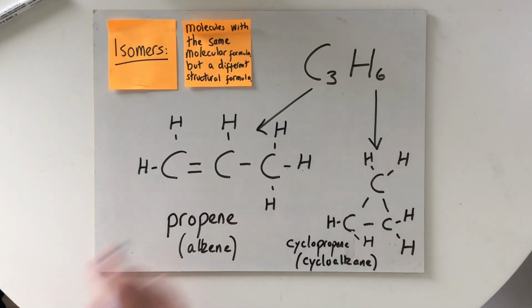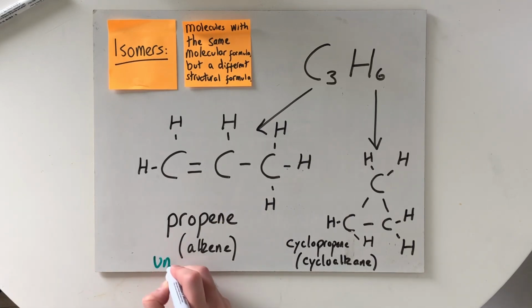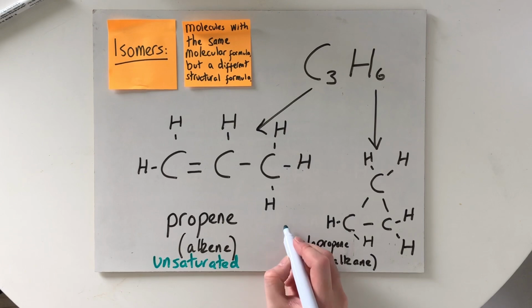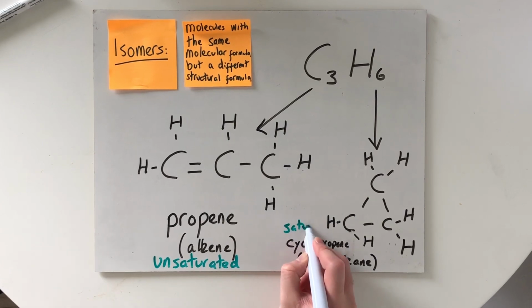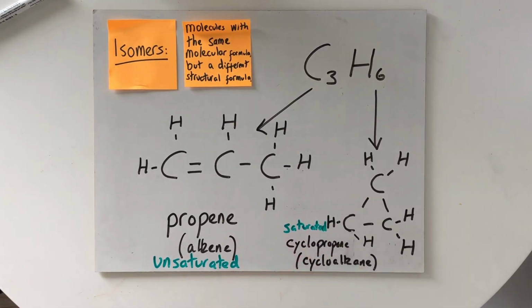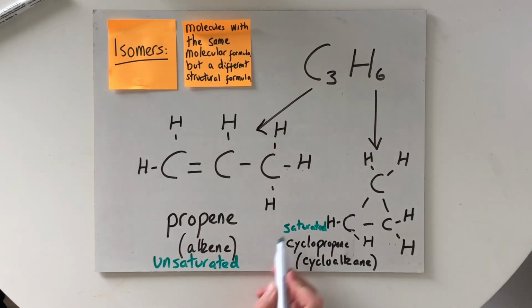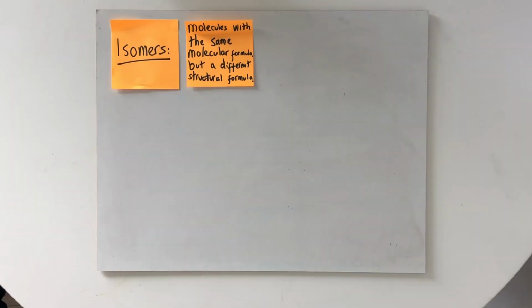So we can describe this as being unsaturated because it contains that double bond, and we can describe the cyclopropane molecule as being saturated. So we can distinguish between 2 isomers by looking at their saturation, and that's an experiment we're going to come to later on in the video. In the meantime, let's have a go at another example.